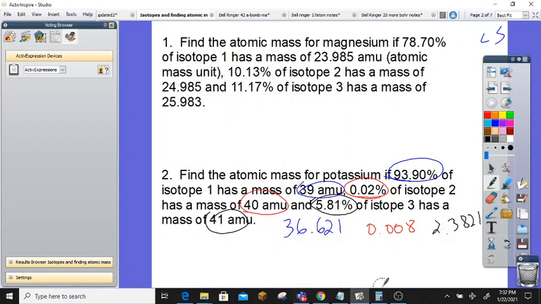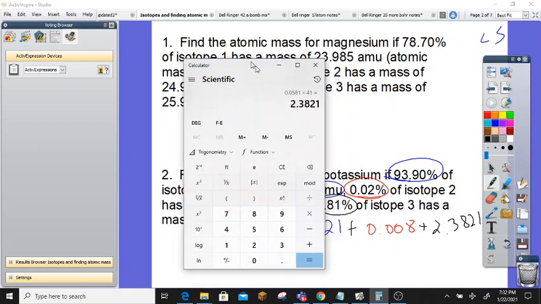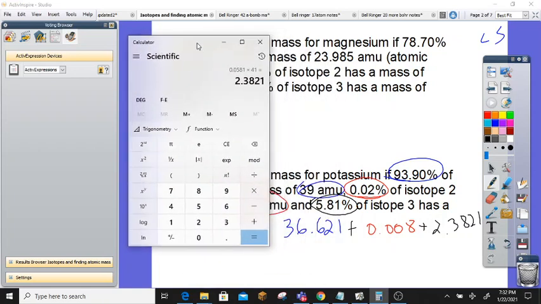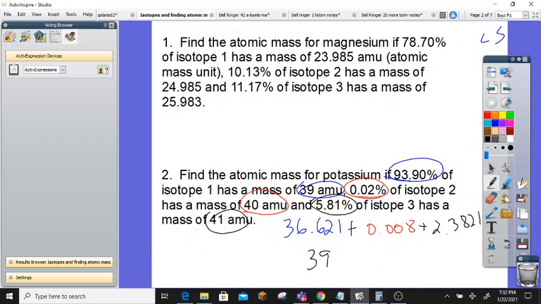And we're going to add up all 3 numbers. And we get 39.011. 39.011. Okay, and it's potassium.